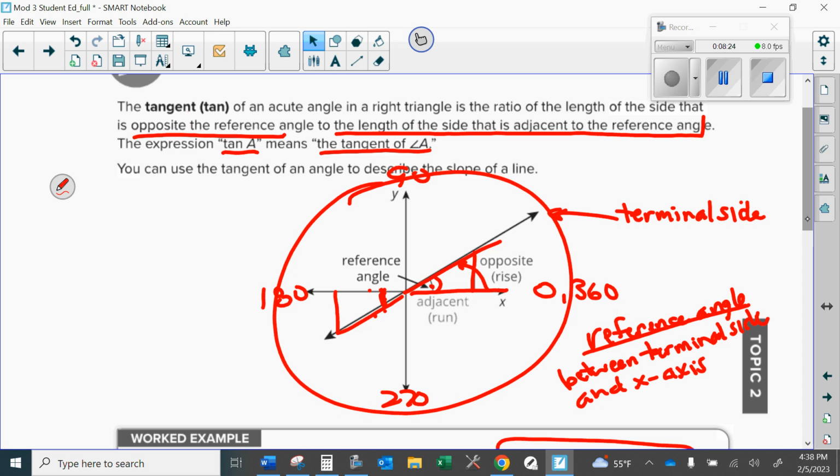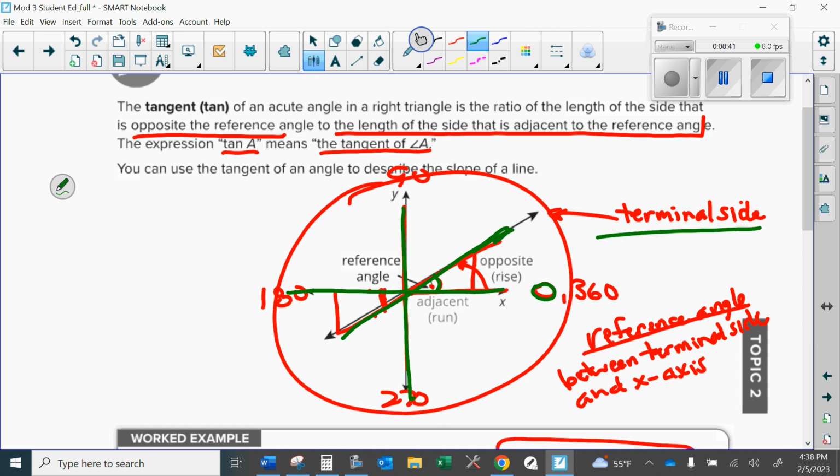to the reference angle. Okay, so this, remember, here's our 4 quadrants. Let's change the color so it sort of stands out. There's my X and Y axis right there. When I draw that right there, this side right here is called the terminal side. It starts at 0. We can remember it goes up to 90, 180, 270, 90 degrees each time, and then back to 360.